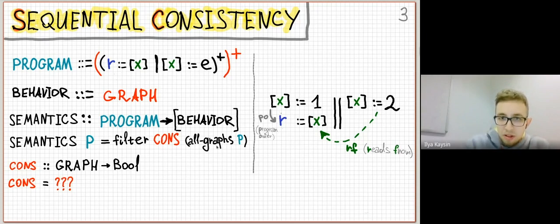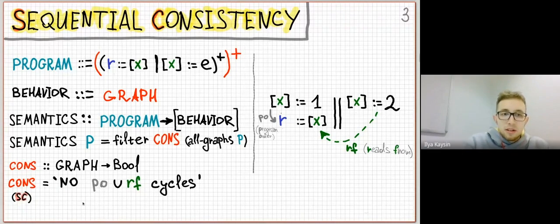For example, it turns out that for the sequential consistency semantics that I showed you on the previous slide, we can define it in the following way. We can define it in terms of graph. We can just forbid cycles on PO union RF edges, where RF are the edges that I showed you that go from write, that initializes, that wrote the value that we read.